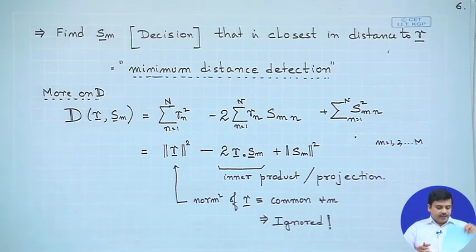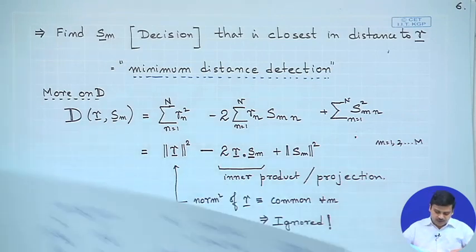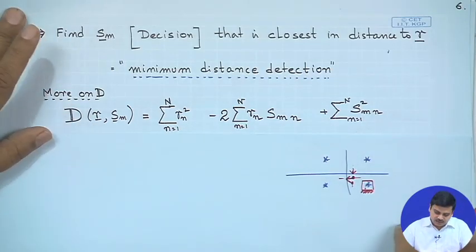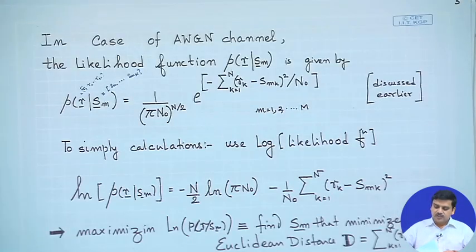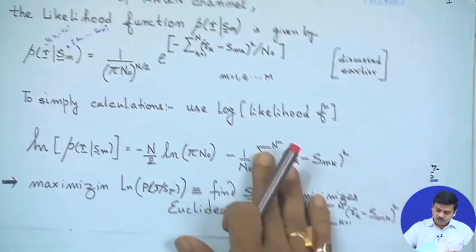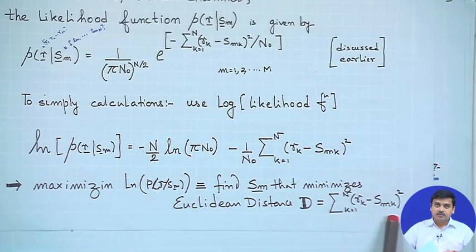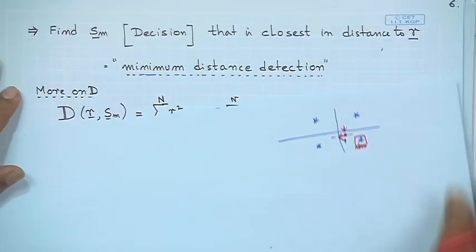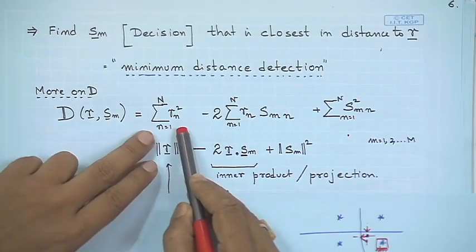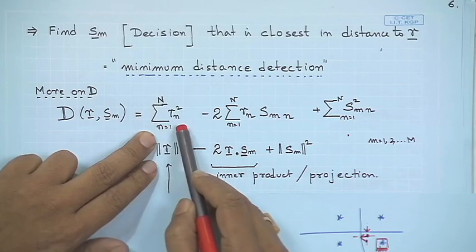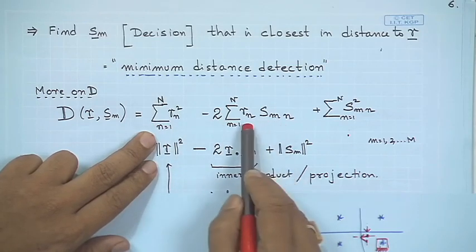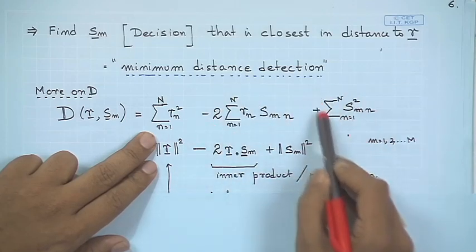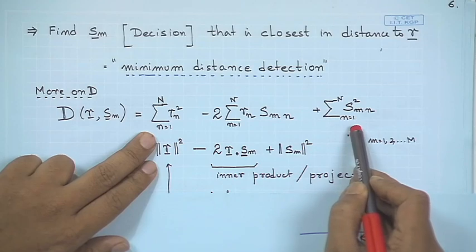Further moving ahead, what we could also see is that we expand this d expression, that is the distance, and it turns out to be the length of the vector r squared, minus the inner product of r and Sm, plus the length of the vector Sm.